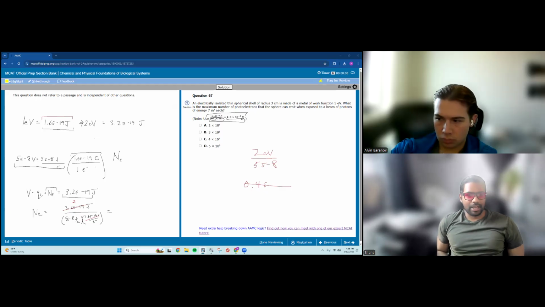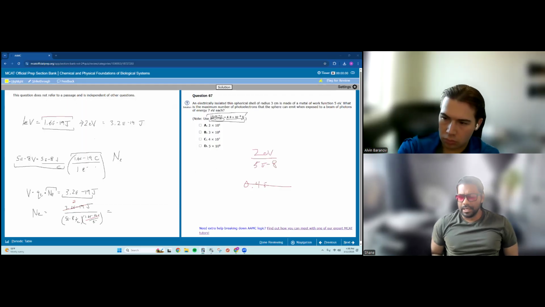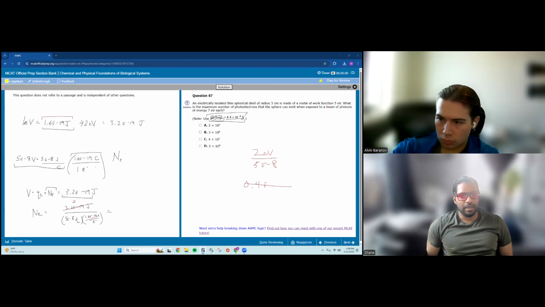I guess the key takeaway here is that an electron volt is equal to the energy in joules of a single electron, and it's essentially the same number as the charge in coulombs, but in joules.